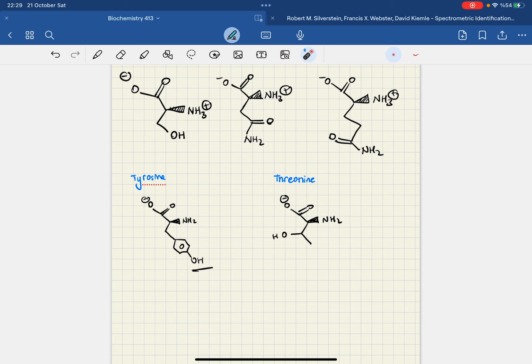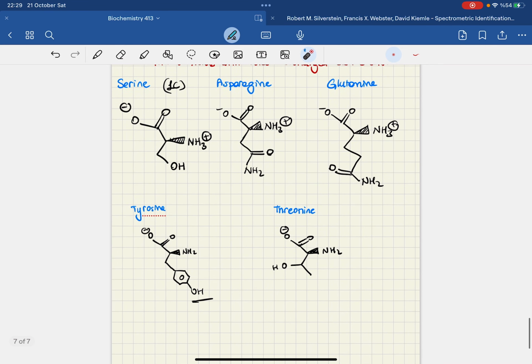Tyrosine is a very different case as it has a benzene group. However, as it is attached to a hydroxyl group, we still count it as a polar molecule, even though it has a big benzene group, all right? And finally, we have threonine, and we have another hydroxyl group.